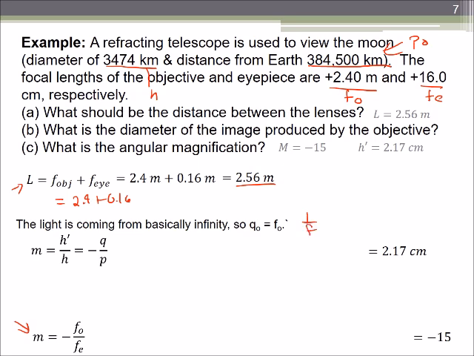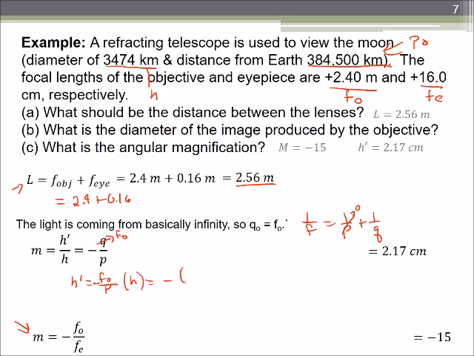That's saying that 1 over f is equal to 1 over p plus 1 over q. This is so much bigger that this is pretty much 0. So in this equation, I'm going to substitute out q for f for our objective. That means h primed is equal to negative f objective over p times my h value.